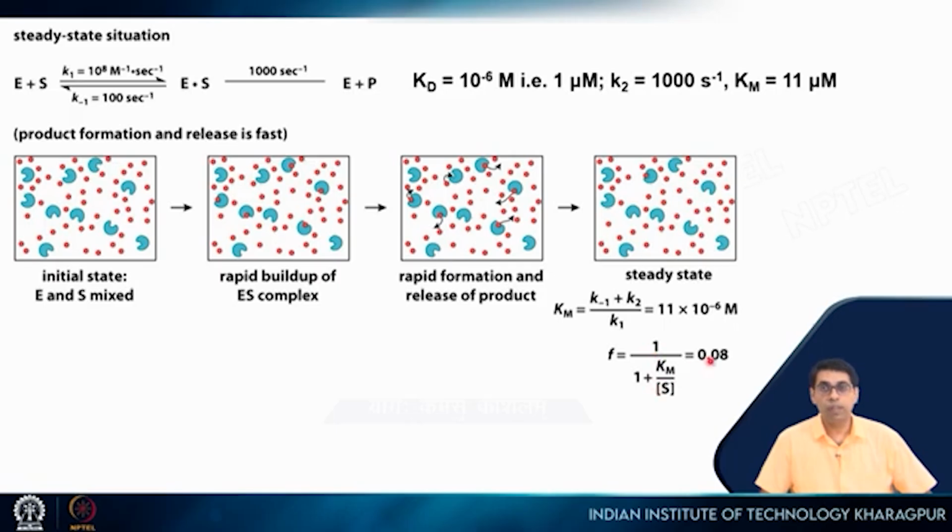So 1 by 12, which is roughly 0.08, or at any given point of time, only 8% of the enzyme will be bound to the substrate, right? So there is a steady state where the enzyme is binding to the substrate and then rapidly getting converted to the product, and the concentration of the enzyme-substrate complex is around 8%. So this is our steady state condition.